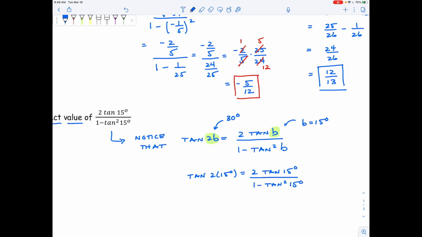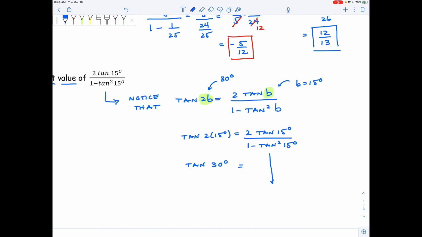But we don't know the exact values for the tan 15, but we do know the exact value for tangent of 30. So ultimately, then, we can actually get the answer for that complex expression by working on the left side. Tangent of 30 is root 3 over 3. So just working in reverse in this case, and then using your unit circle exact values.